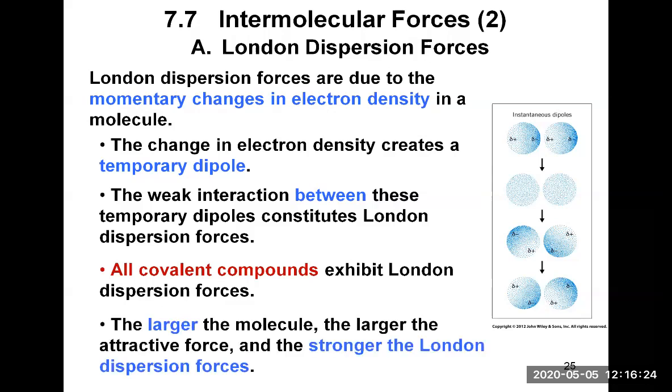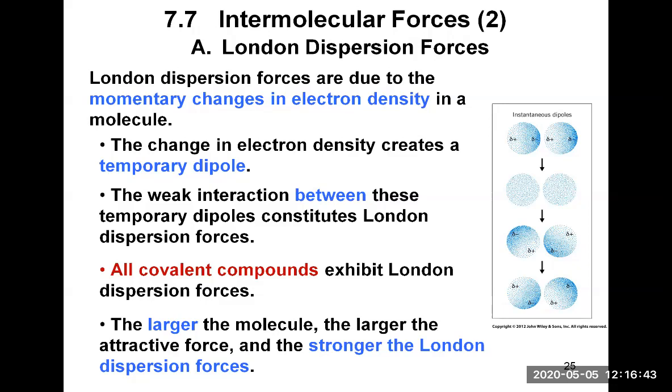And the larger the molecule, the larger the attractive force, and the stronger the London dispersion forces. That is because the larger the molecule, the larger the electron cloud, right? A larger molecule has more electrons and a larger electron cloud.